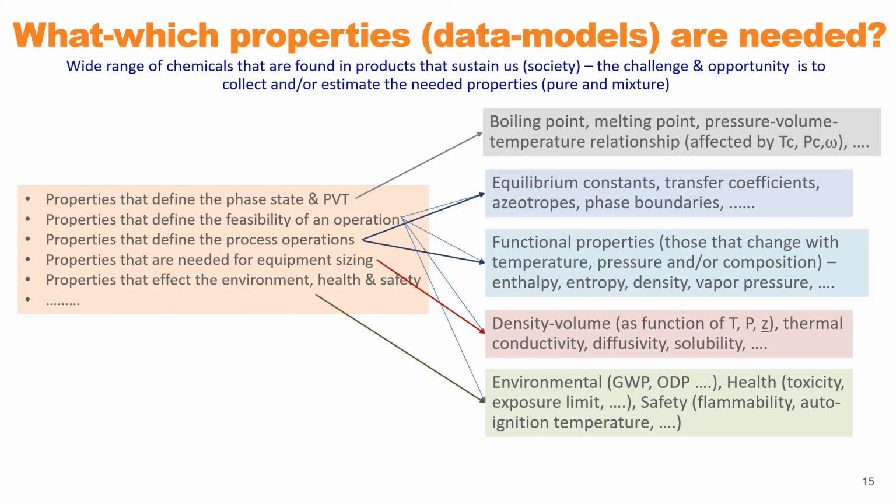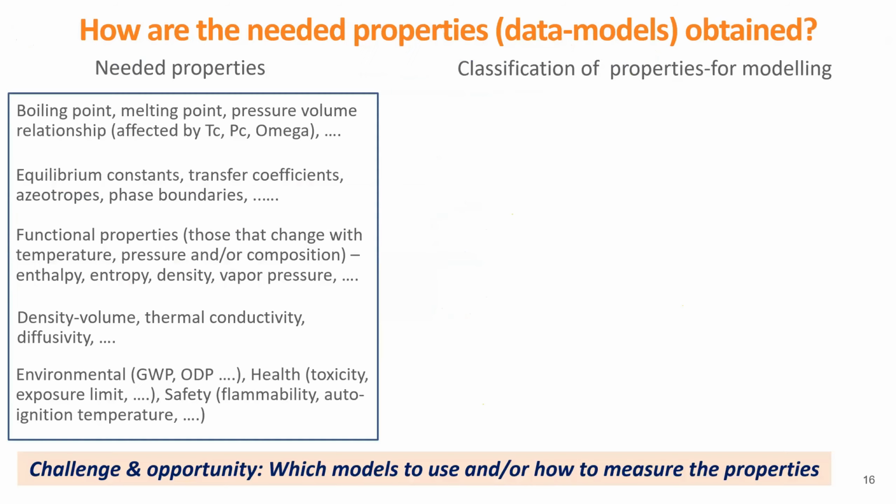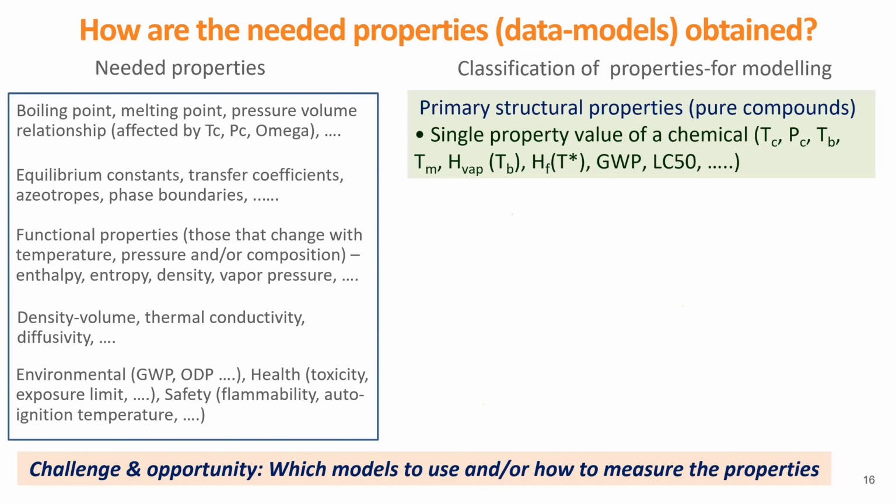So if we need these properties, we will then see how we can classify them in such a way that modeling would be easy. So the challenge and opportunity here is which model to use and/or how to measure the properties. So we define the properties that you see on the left-hand side into one, which we call the primary structural properties.